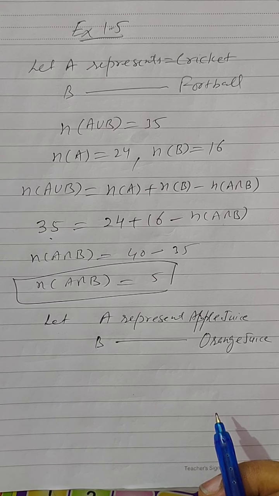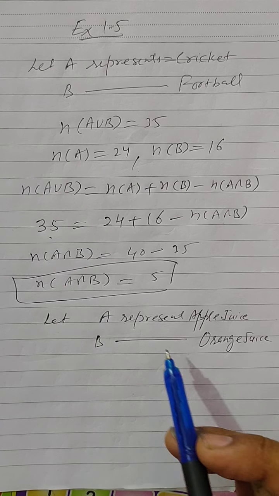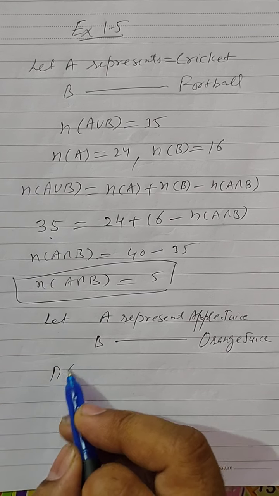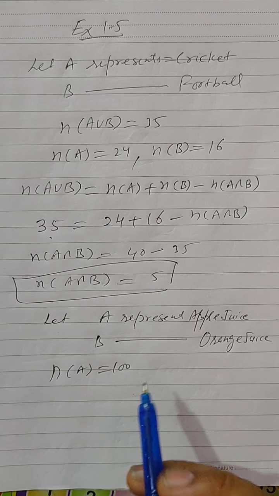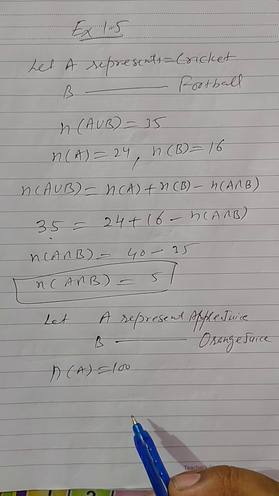So 100 were listed taking apple juice, means n of A is 100. They are taking apple juice.